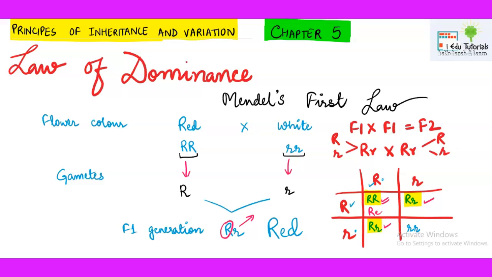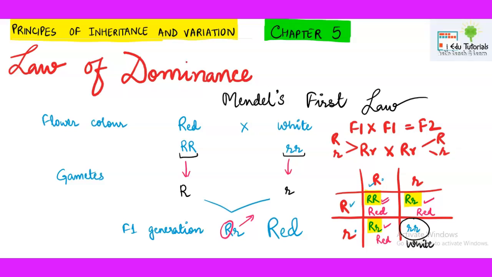So here the expression is definitely going to be red, because whenever a dominant allele comes in combination with a recessive allele, the recessive will never express. But see the remaining individual: here the recessive has come with the recessive allele, meaning a homozygous recessive condition. In this case, the expression will be white.